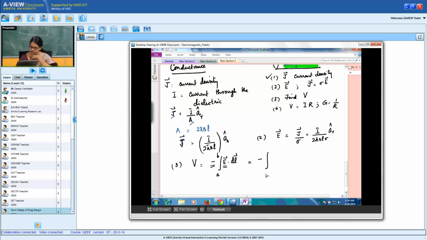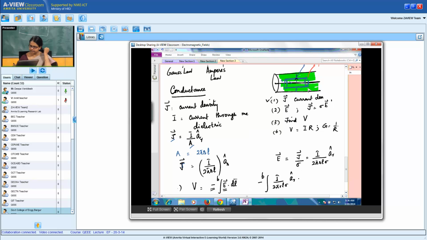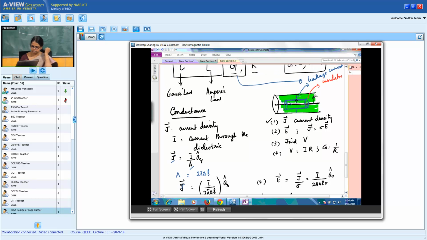So this is minus integral A to B, I over 2 pi r L sigma AR dot, what is the dl that we are talking about? We are talking about the field which is in this direction. Let me draw it with another color. So my field is in this direction.